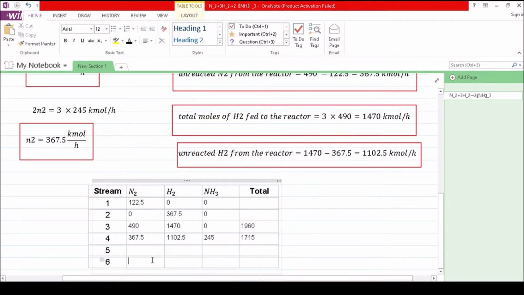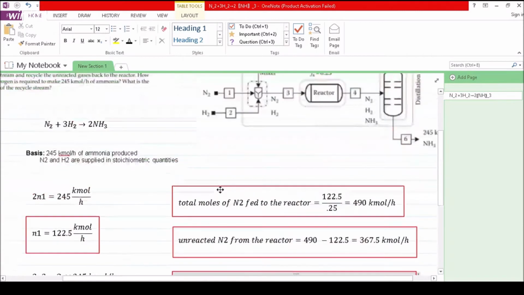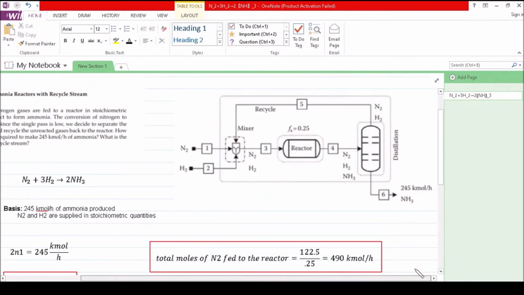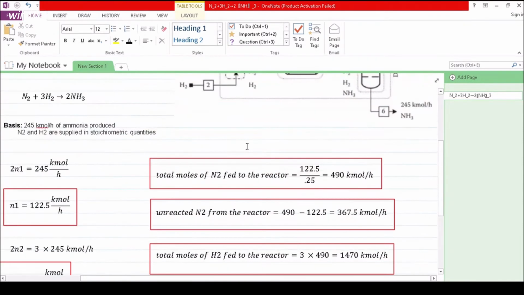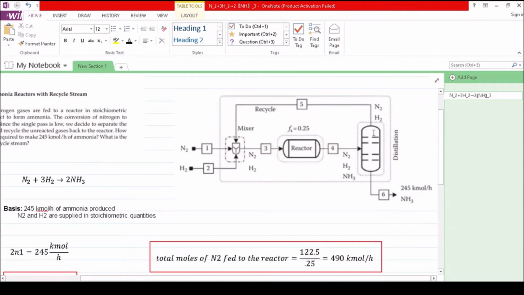And our product stream 6 is the separated pure ammonia. We just input here the value for ammonia. For our recycle stream, we take note that in our problem, the unreacted gases and the ammonia are being separated.